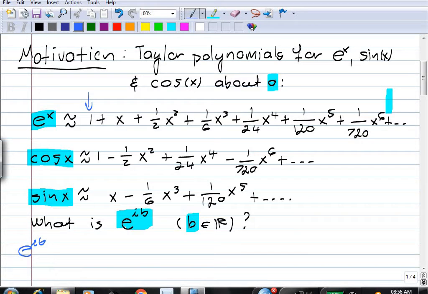So it's a good guess that if we plug ib in there, that should give us e to the ib. Turns out that this is exactly what you have to do. We can't make it rigorous at this point because we don't have sufficiently sophisticated mathematics at our disposal, but if you persist, then in your third year you'll get to see how this is done rigorously.